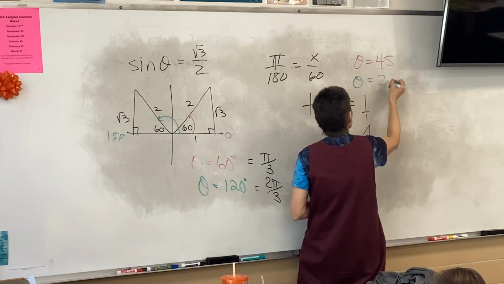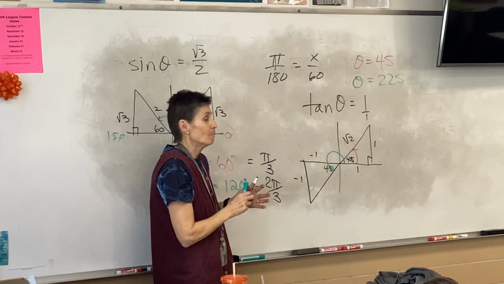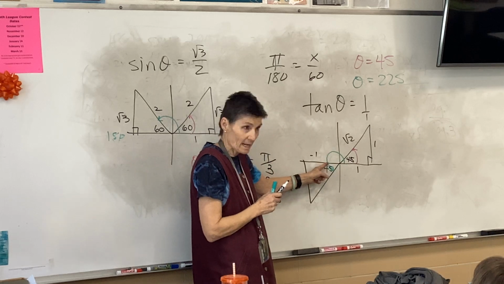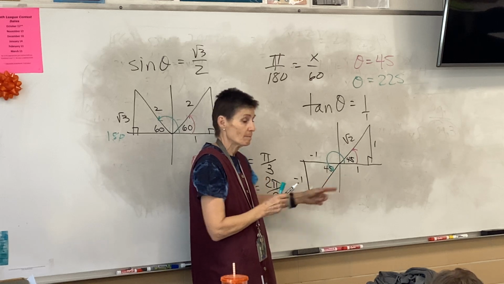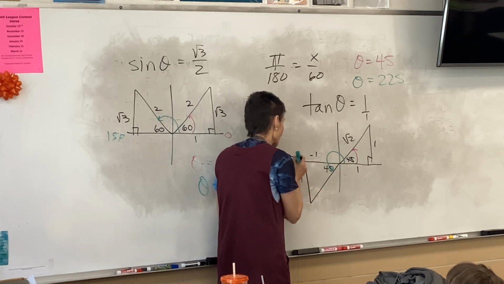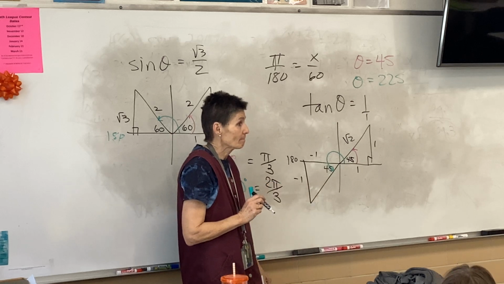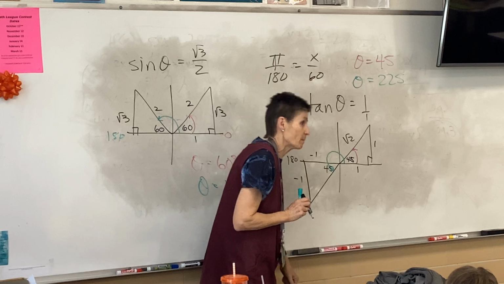And how did he know that was 225? Because to here is 180, and then we went 45 more. Remember, this is 180. We went 45 more. You're always going that direction. For these problems, we'll always be going positive.